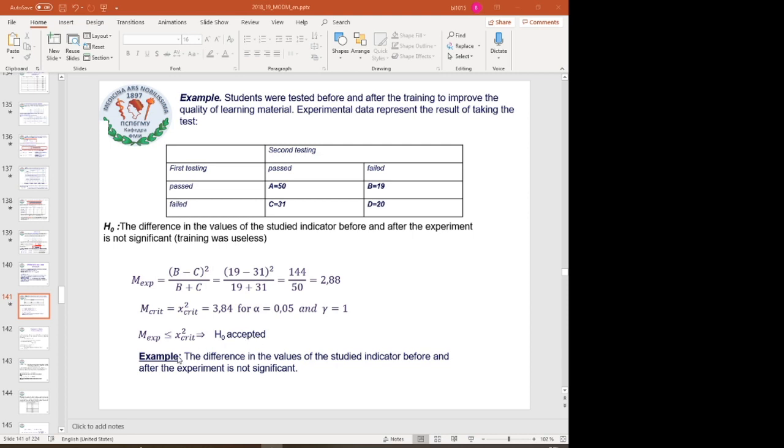So the conclusion is that the difference in values of the studied indicator before and after the experiment is not significant at the significance level of 0.05.